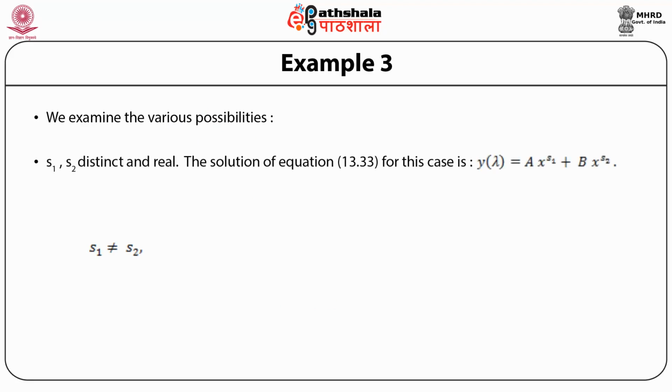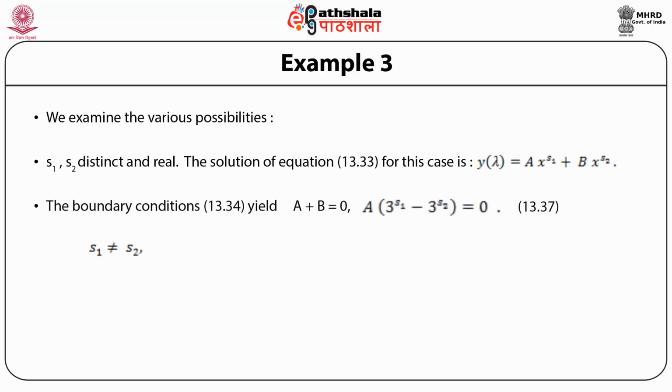The solution of the equation in this case is a times x to the power s1 plus b times x to the power s2. Now when we apply the boundary condition at x is equal to 1, I have a plus b equal to 0. And the second boundary condition gives me a into 3 to the power s1 minus 3 to the power s2 equal to 0.